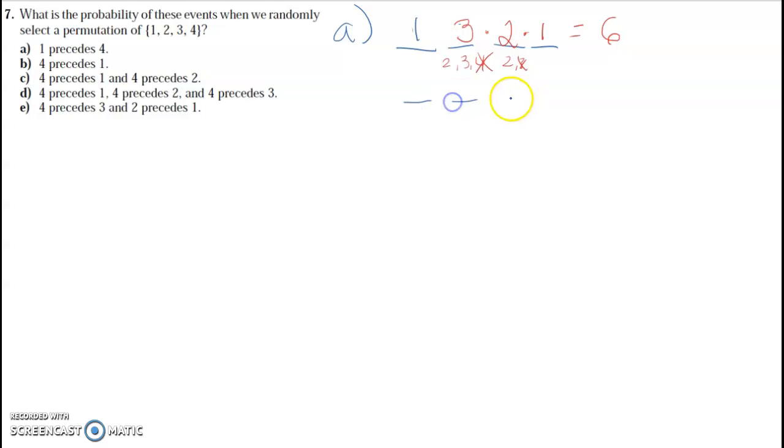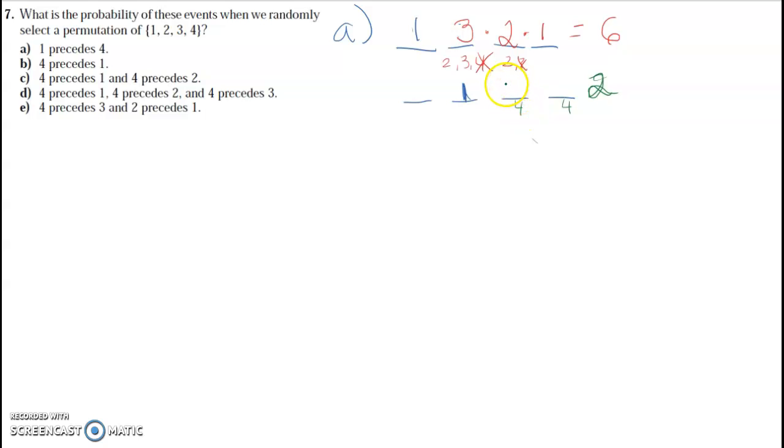What if 1 is in the second place? Then we have only 2 choices here for the number 4. It can either be here or here, so we have 2 options for that.